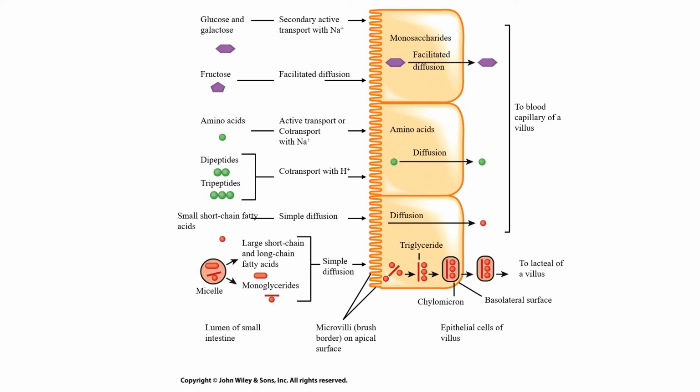And then the fats, they're going to be broken down into monoglycerides and also fatty acids. They're going to diffuse across without any assistance or any energy, but they're going to be packaged into triglycerides that will make up these chylomicrons, and then they will go to the lymphatic system before getting to the general circulation.